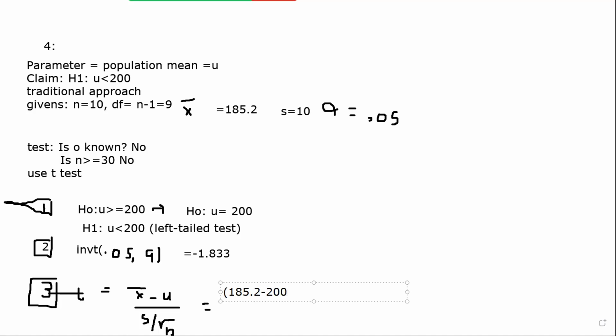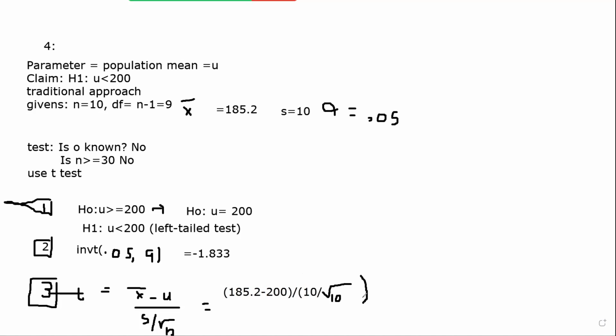And then I'm going to divide that by S, which is 10. Now, be a little careful here. Sometimes students mix this up. This value is N, it's not DF. So 10 divided by the square root of whatever N was, that's 10. Sometimes if it seems slightly off, make sure you put N down here.